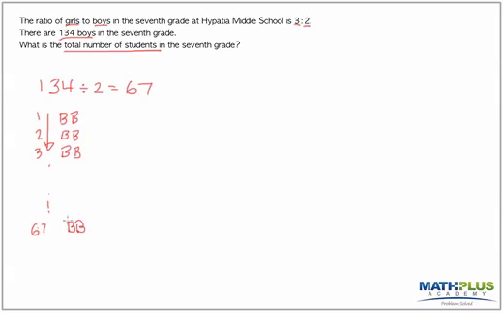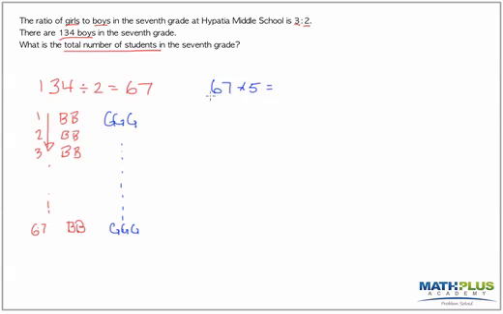Okay? And for every pair of boys, how many girls do I have? Well, I have 3. And I can do that all the way down the line. So if I want to know the total number of students, I can see I have 67 groups of 5 students, or 67 times 5.